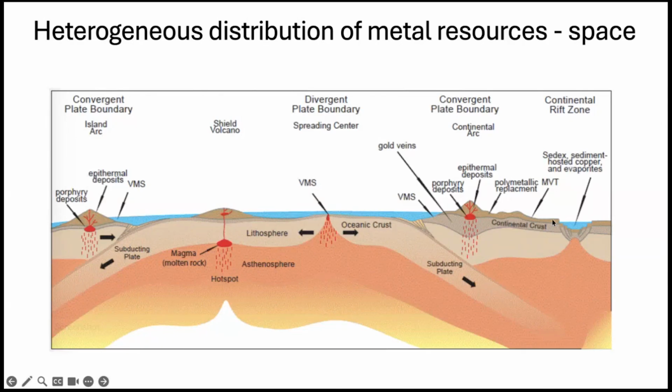And then on the platform, which should be underwater but is not in this diagram, we have MVT deposits, or Mississippi Valley-type deposits, which are lead and zinc-rich carbonate-hosted deposits. So you can see that large classes of ore deposit are, at least in the modern as we perceive it, fundamentally linked to plate tectonics.